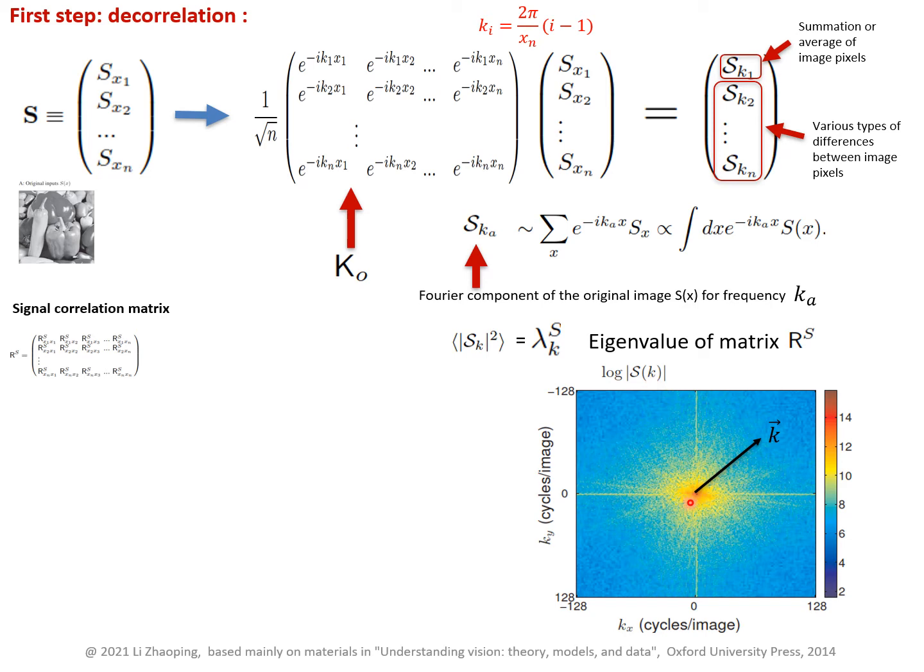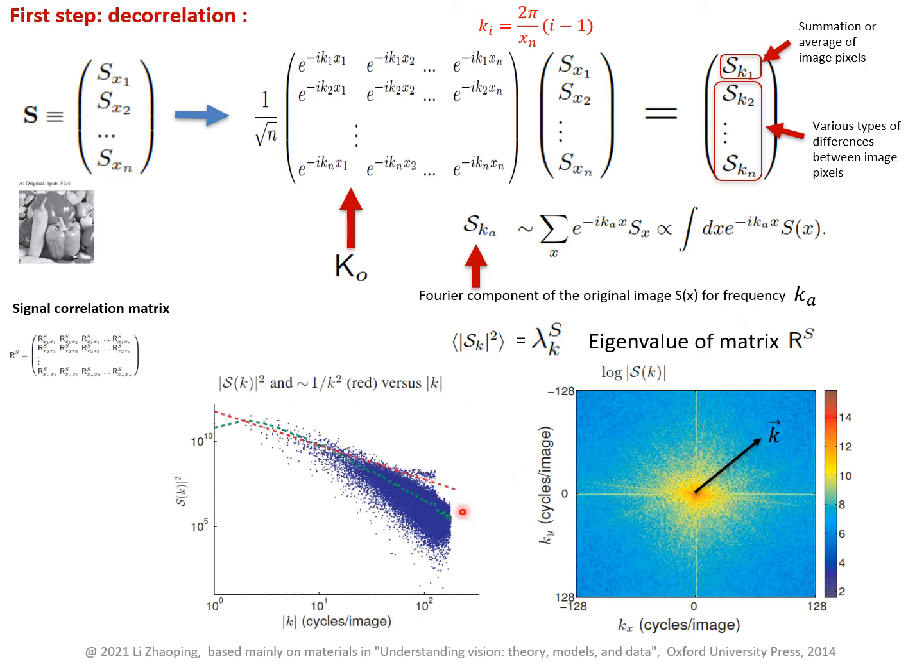This is the DC wave, because natural images have correlated pixels. When you sum over all these pixels, it should have the highest value. That's why the first component, for the 0 frequency, is the biggest.